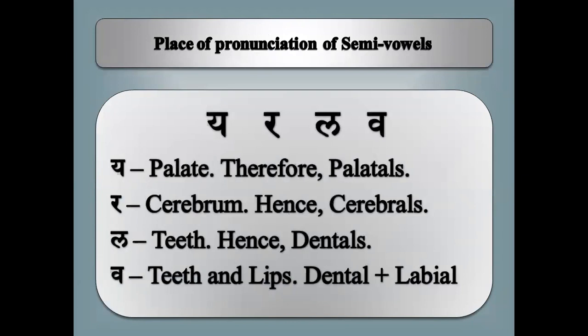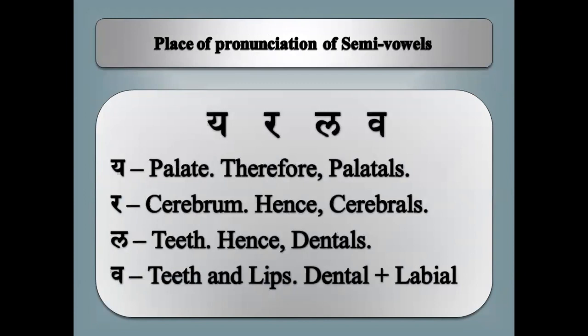When you try to say va, you will find the application of the teeth as well as the lips. Without either one of these, we can't say va. Va pronunciation will not be correct. So therefore it is dental plus labial. Only the letter va is a combination of dental plus labial. So va is teeth plus lips.